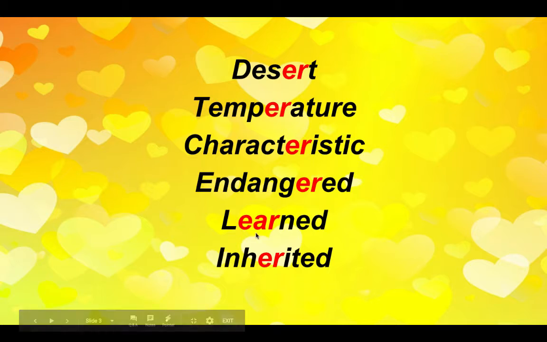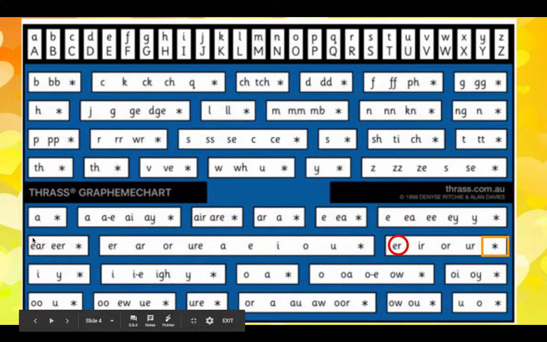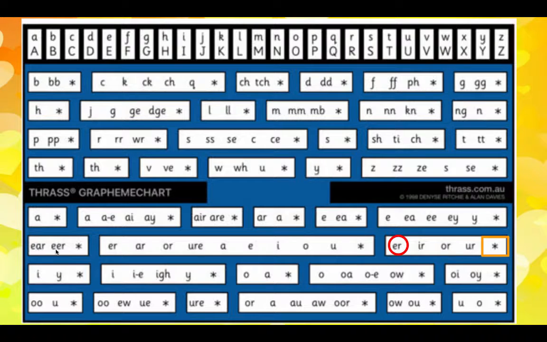We can see the word learned. The sound is not just ER. It is EAR. If we have a look back at our THRASS chart, that's not on here in the box at the moment. It is in this box over here, but this is the ear box, like in the word hear, can you hear? But it's not in the box yet.